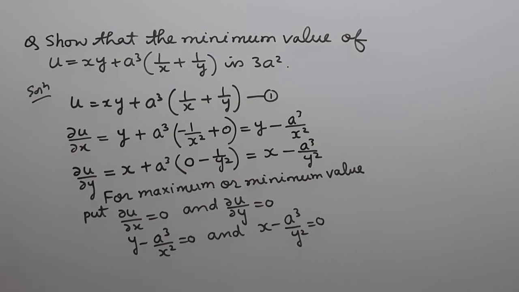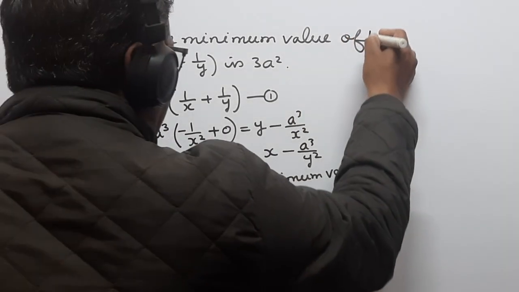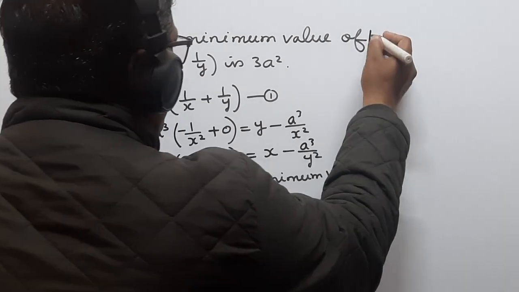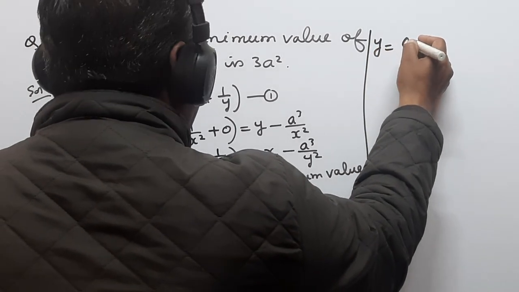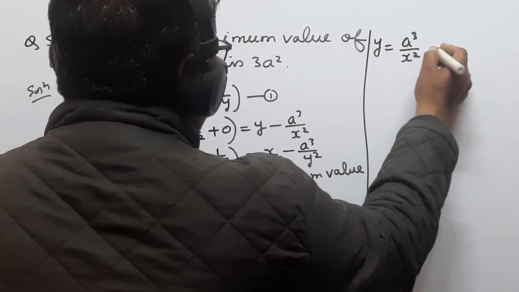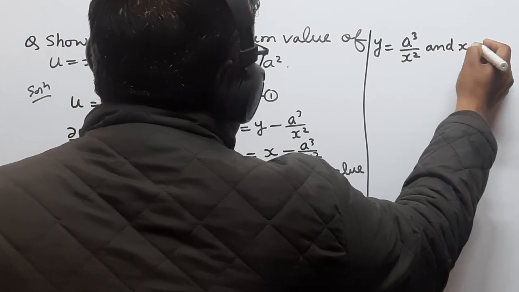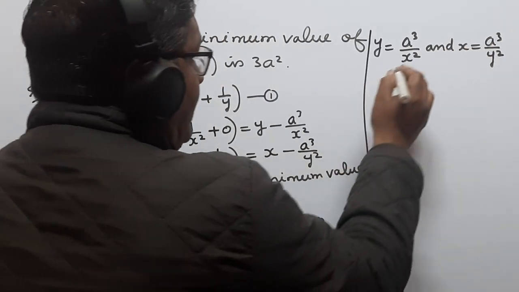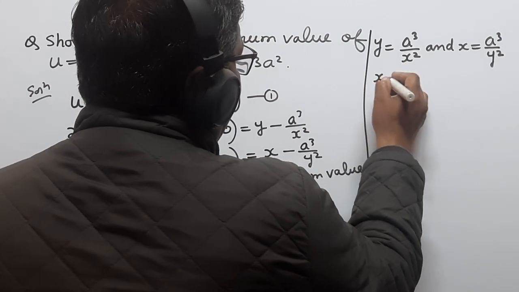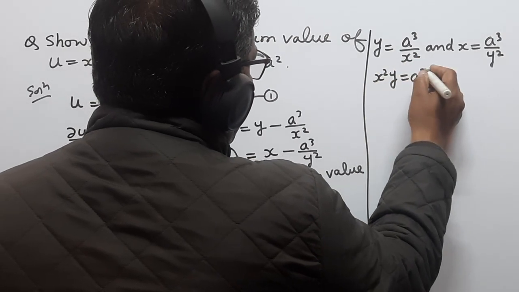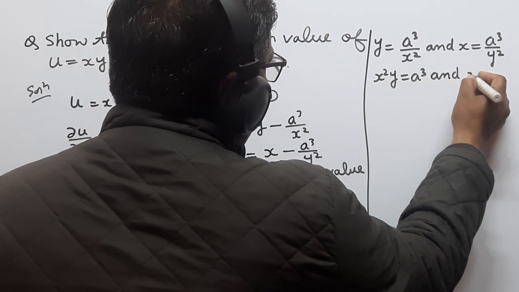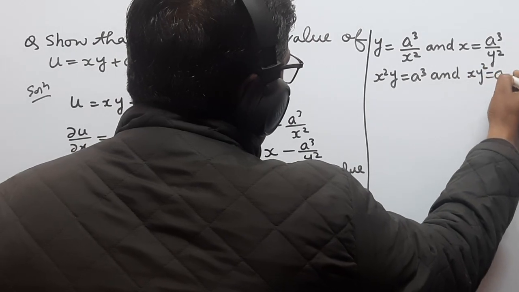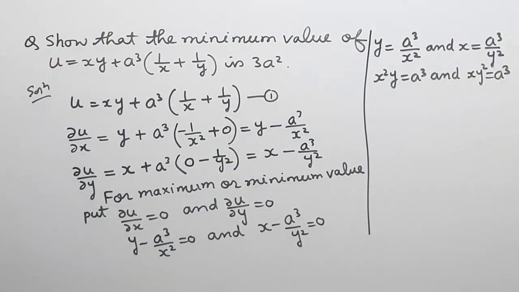So now we solve this. We get y = a³/x² and x = a³/y². Solving this, we get x²y = a³ and xy² = a³.